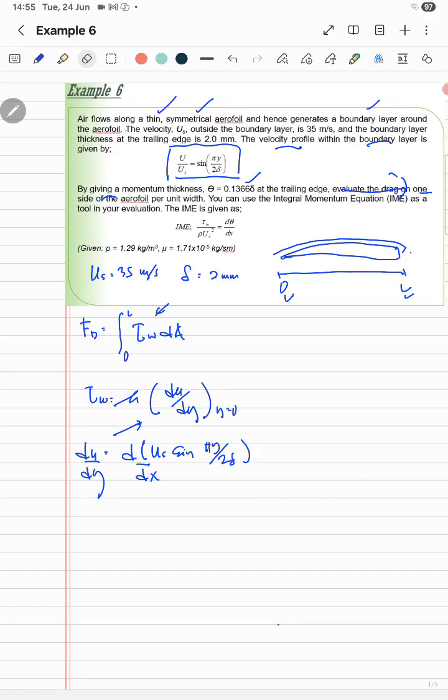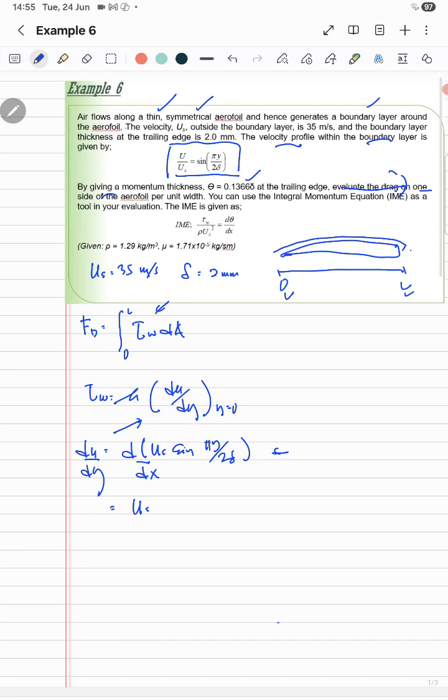Then from here we need to differentiate this. The differentiation will give us U∞ cos(πy over 2δ) multiplied by π over 2δ.